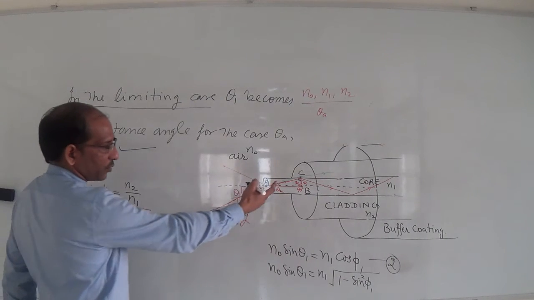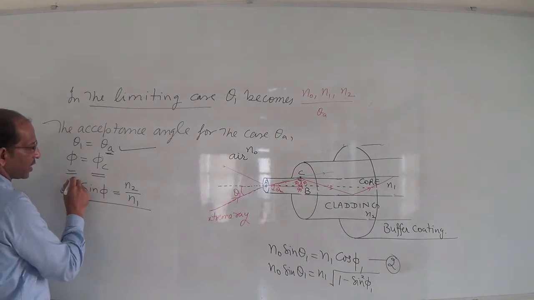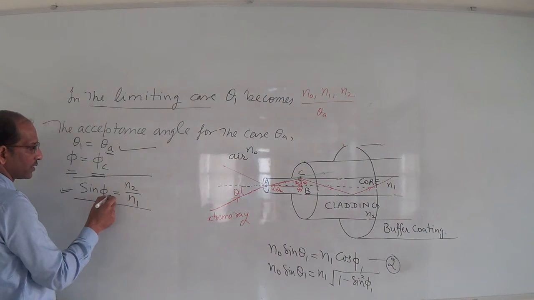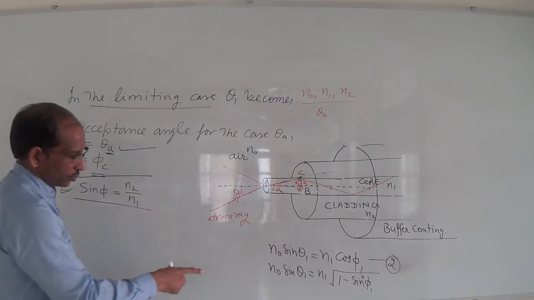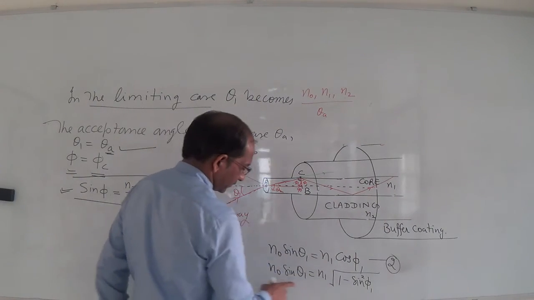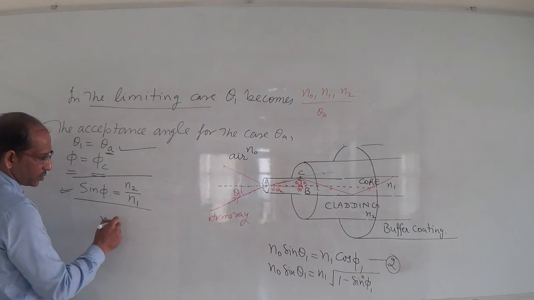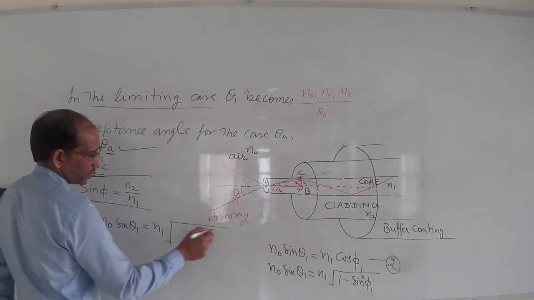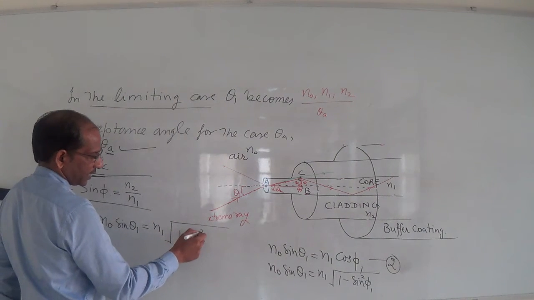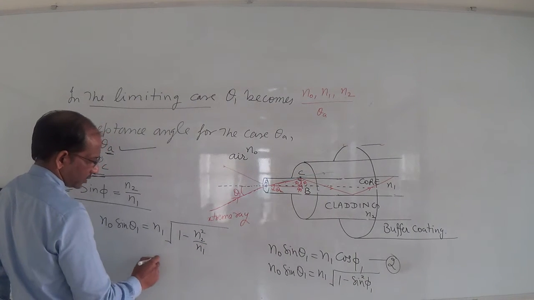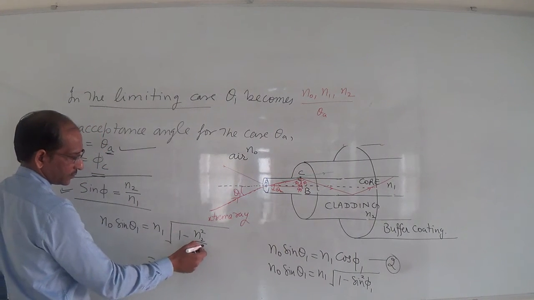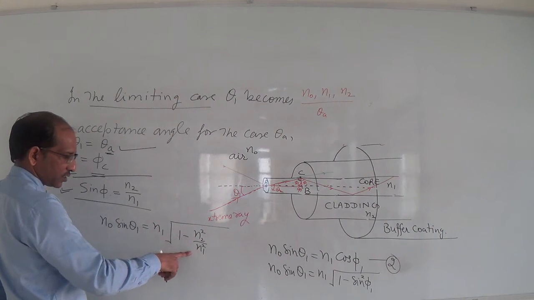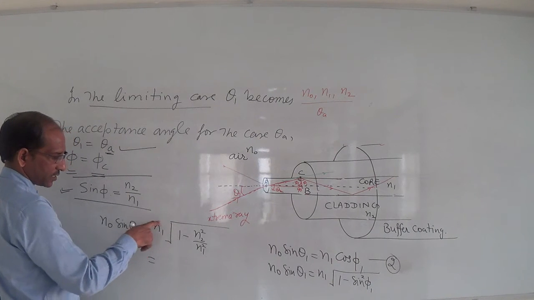Then according to Snell's law, as we have already derived, sin phi will be equal to n2 upon n1. So now I am putting this value here. The result becomes n naught sin theta 1 is equal to n1 square root 1 minus n2 square upon n1 square, that is n1 square minus n2 square upon n1 square. When n1 square comes out from this root, that cancels out this one.